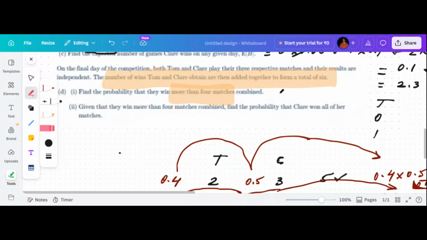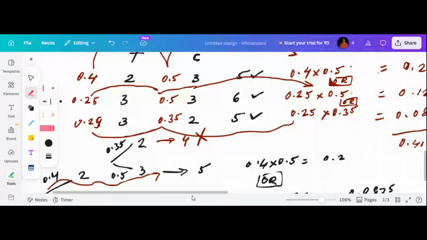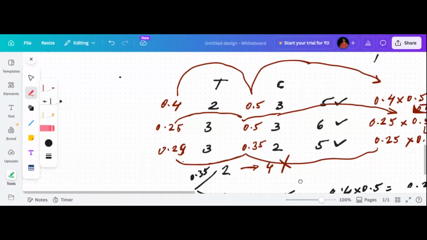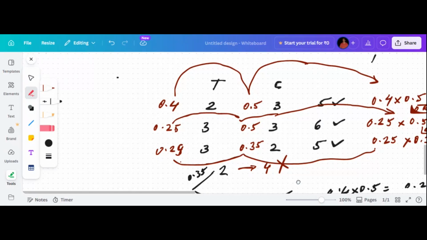Given that they win more than 4 matches combined, find the probability that Claire won all of her matches. We know that they won more than 4 matches in total. We want the probability that Claire won all of her matches, which means Claire won 3 matches.